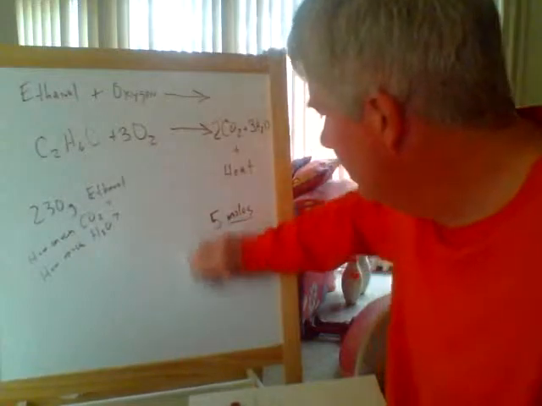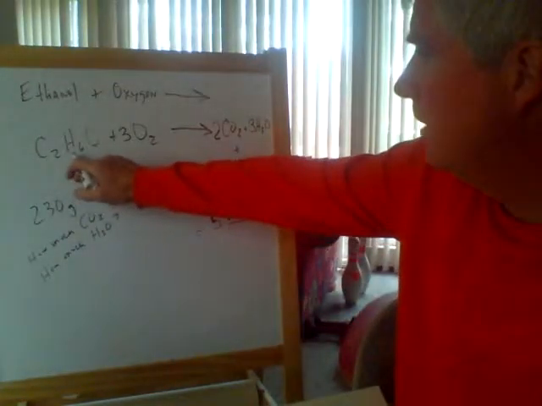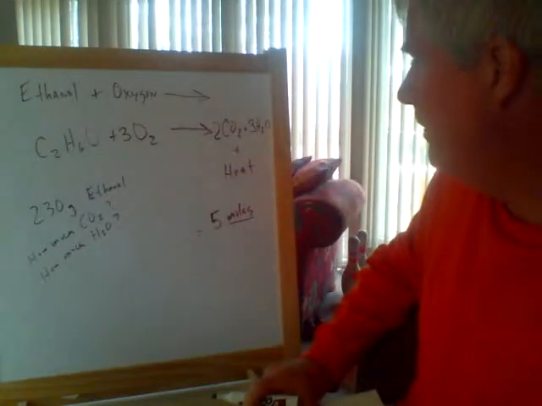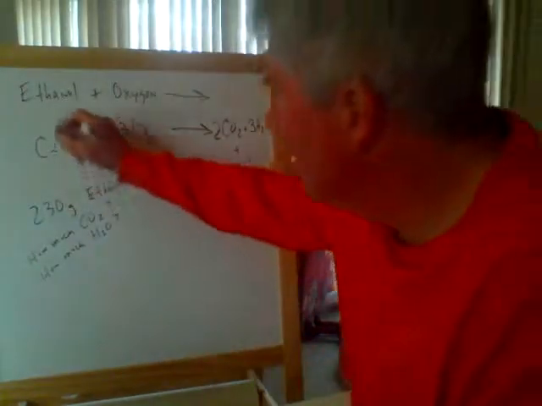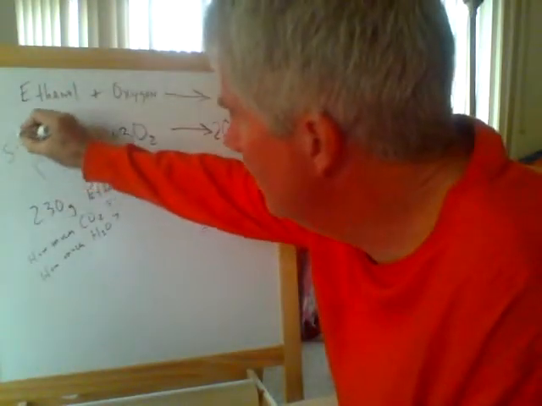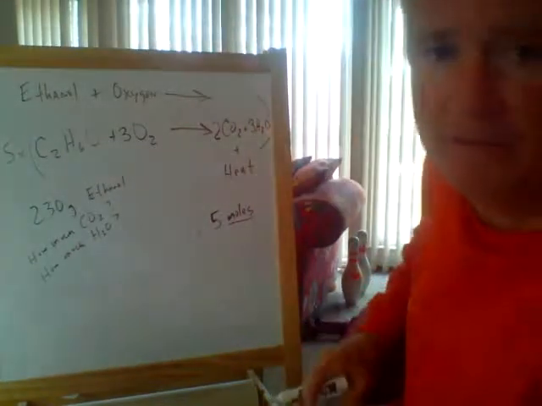All right, now that helps us, because if we know that there's 5 moles of ethanol, we can actually redraw this equation in the way that I did earlier. Kind of multiply the entire thing by 5.